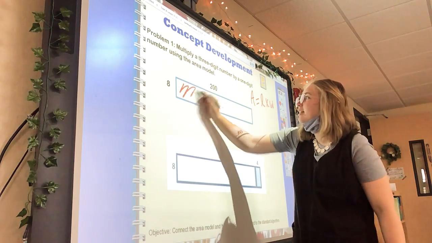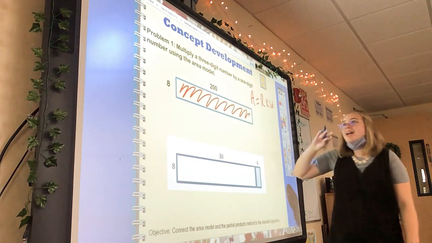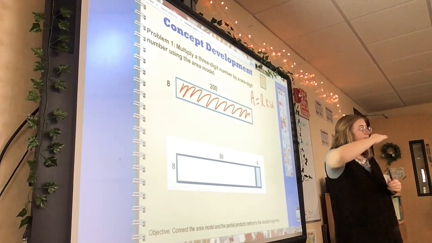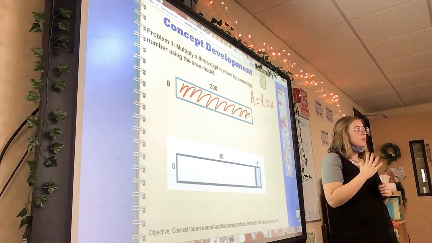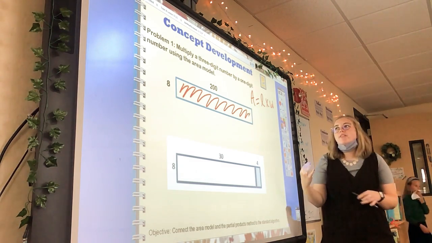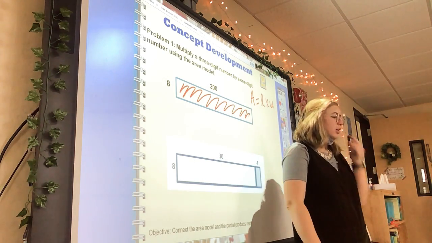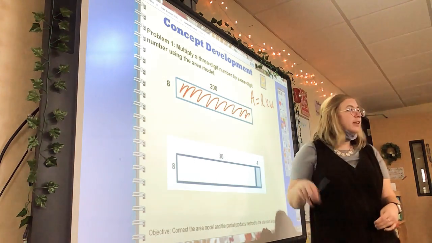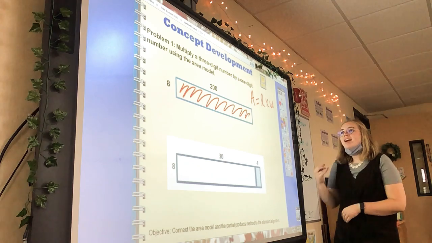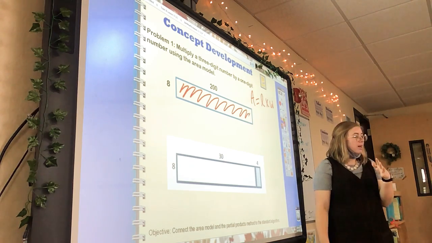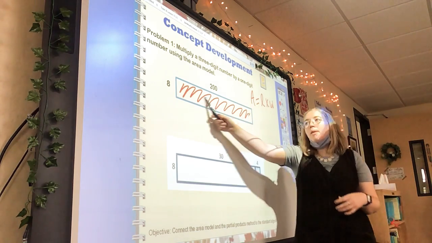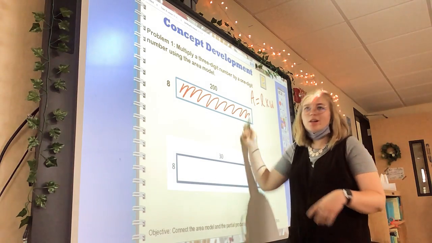The inside. So to find the inside, I need to multiply the length times the width. Okay, I need to multiply 2 of the side lengths. Okay, do I multiply all of them together? No, I add all of them together for perimeter, but for area, I just pick 2 and I multiply them. Okay, 1 on top, 1 on the side, or 1 on the bottom and 1 on the side.